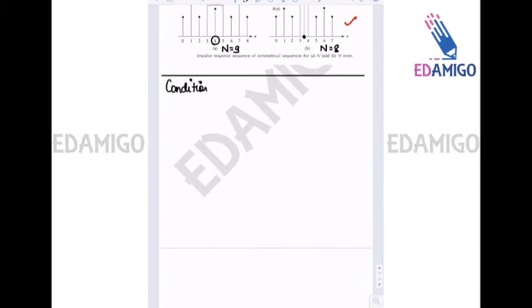So we have taken in the previous case that the phase is equal to minus alpha sigma, where group delay and phase delay come out to be the same.